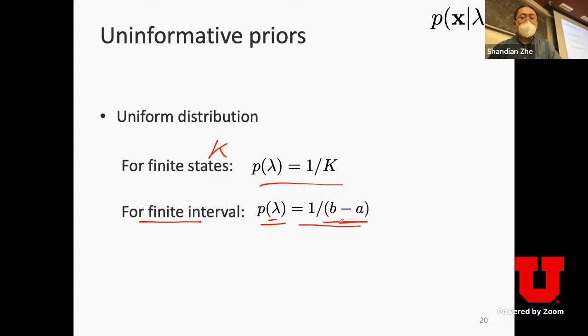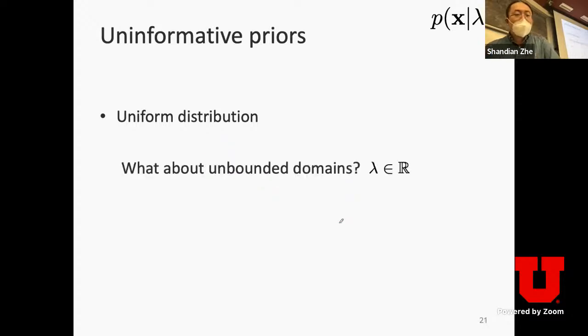But in both cases, you're assuming the range of your random variable is bounded. What if your random variable has an unbounded domain? For example, I just assume my random variable is continuous, and it can take any value in the real space. In that case, we actually don't have a valid uniform distribution.